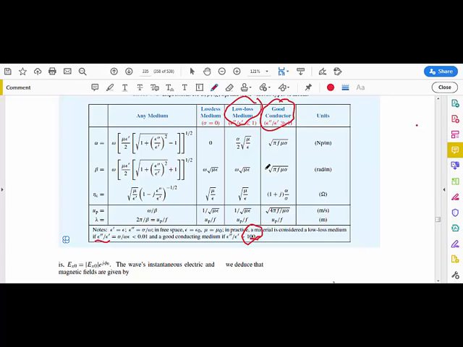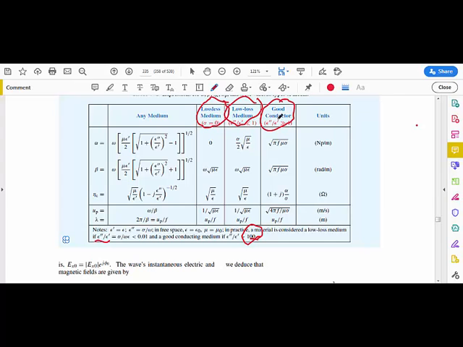And definitely if we are talking about lossless or vacuum, we could depend on the rules and the equations for the lossless medium.